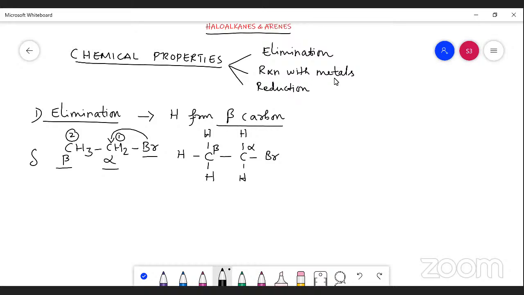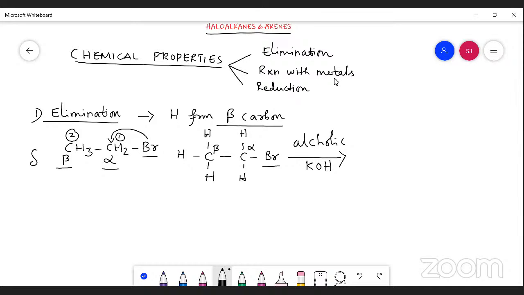Whenever haloalkanes react with alcoholic potassium hydroxide, which is another reactant, in the presence of an alcohol, from the alpha carbon I am going to eliminate the Br.